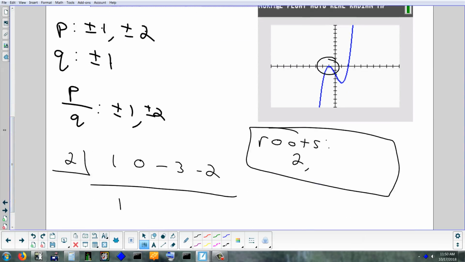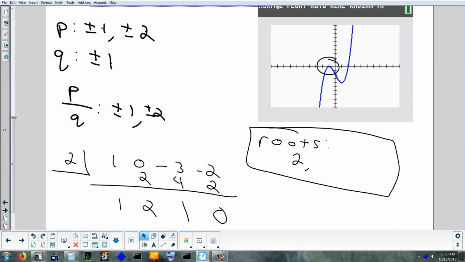All right. 2 times 1 gives me 2, and then 0 plus 2, 2. 2 times 2 is 4 plus negative 3, 1, and then 2 times 1, 2, and negative 2 plus 2 is 0. We already knew that would happen.